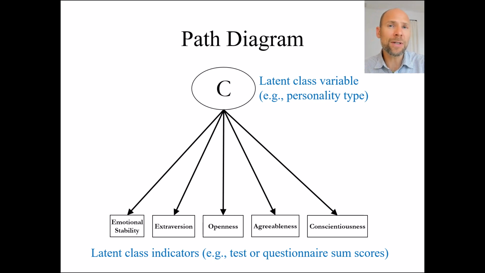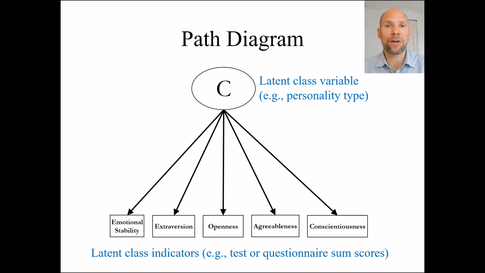The idea is very similar to factor analysis in that the latent class variable is supposed to explain or account for the covariances or correlations between those indicator variables. So after we partial out the latent class variable, there shouldn't be any residual associations between those indicators, ideally.